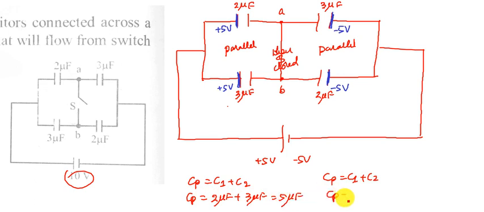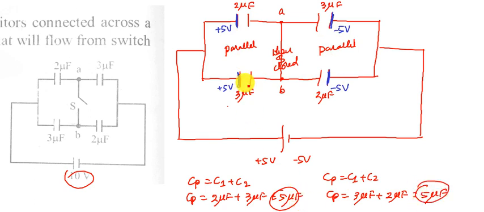Again on the right hand side, the parallel branch is 3 microfarad plus 2 microfarad, which gives 5 microfarad. That means the sets of capacitors on the left side and right side have the same effective capacitance, 5 microfarad and 5 microfarad.